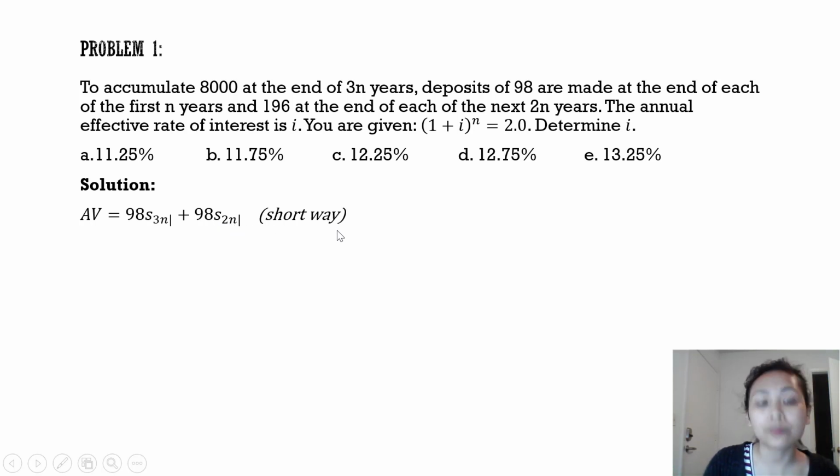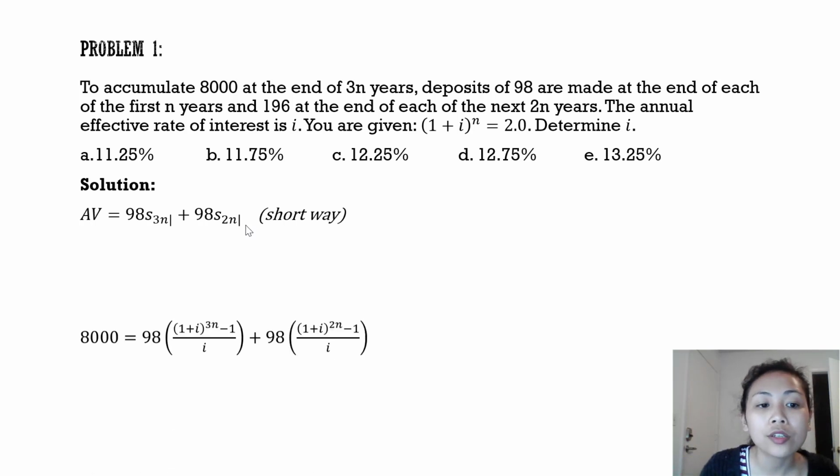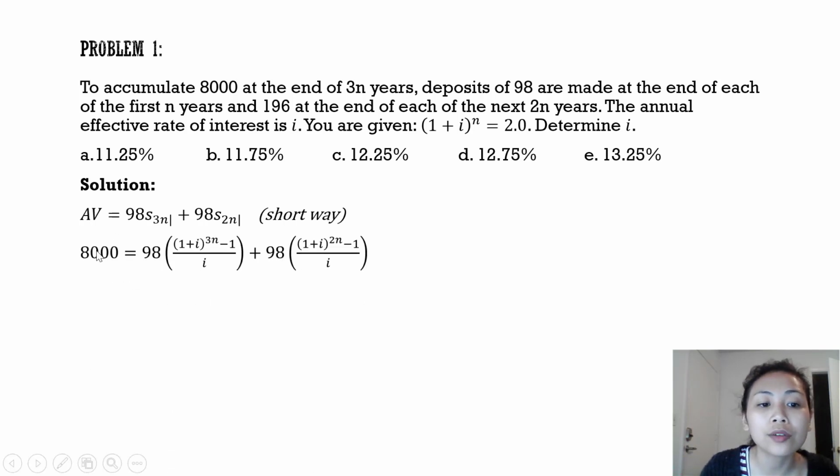This is the short way. And now we are going to use the formulas of s 3n and s 2n to determine i. So accumulated value is 8,000. s 3n is 1 plus i to the 3n minus 1 over i. And s 2n is 1 plus i to the 2n minus 1 over i.